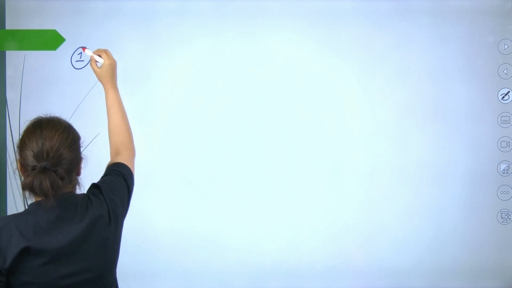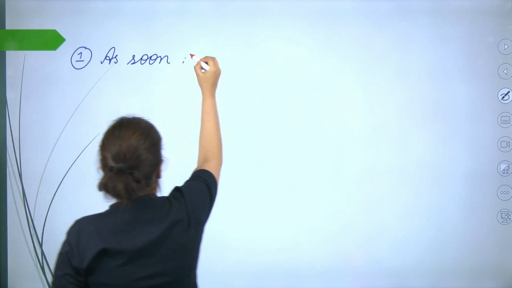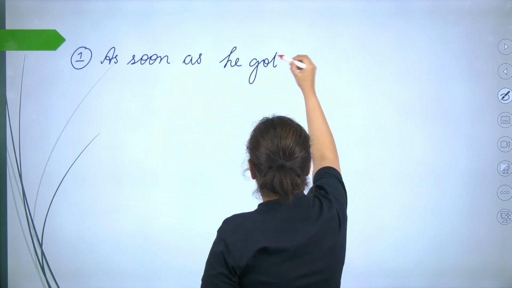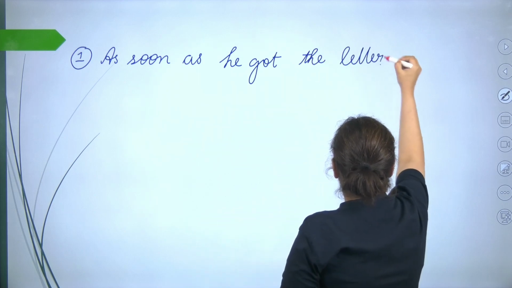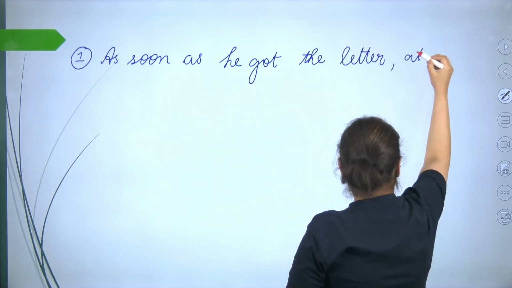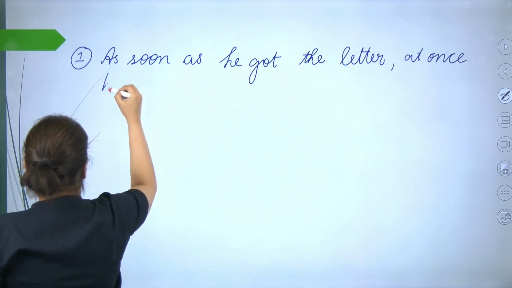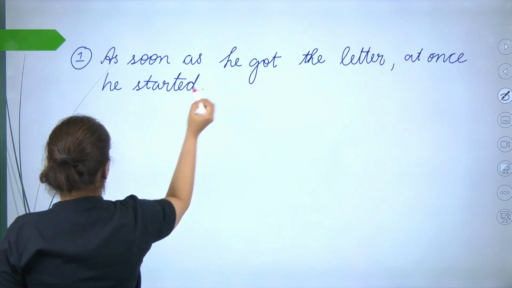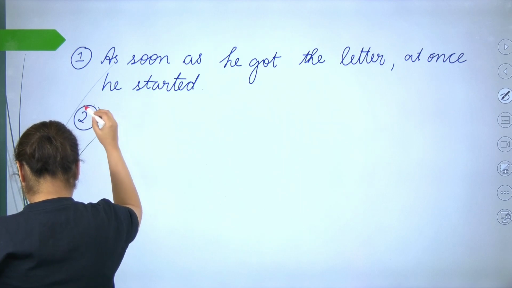First one, question like: as soon as he got the letter, comma, at once he started, full stop. Okay, this is your first one.